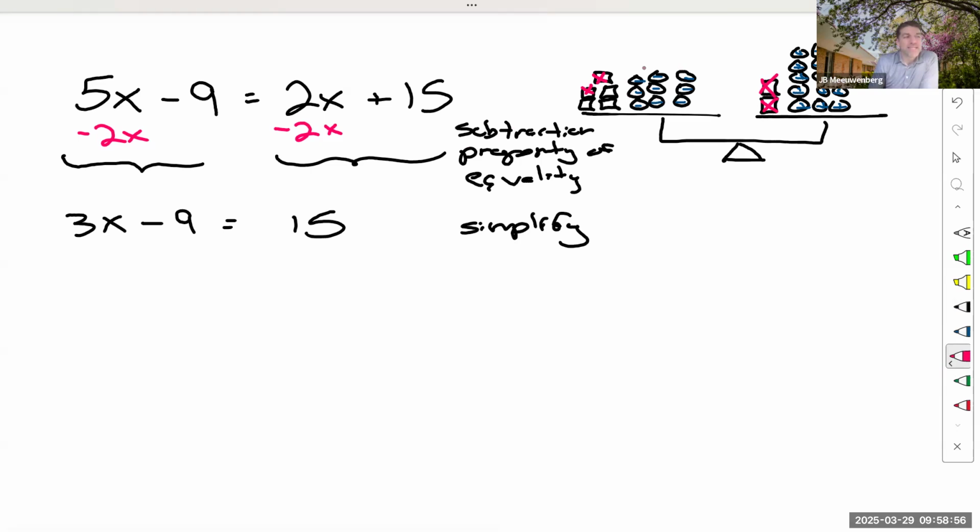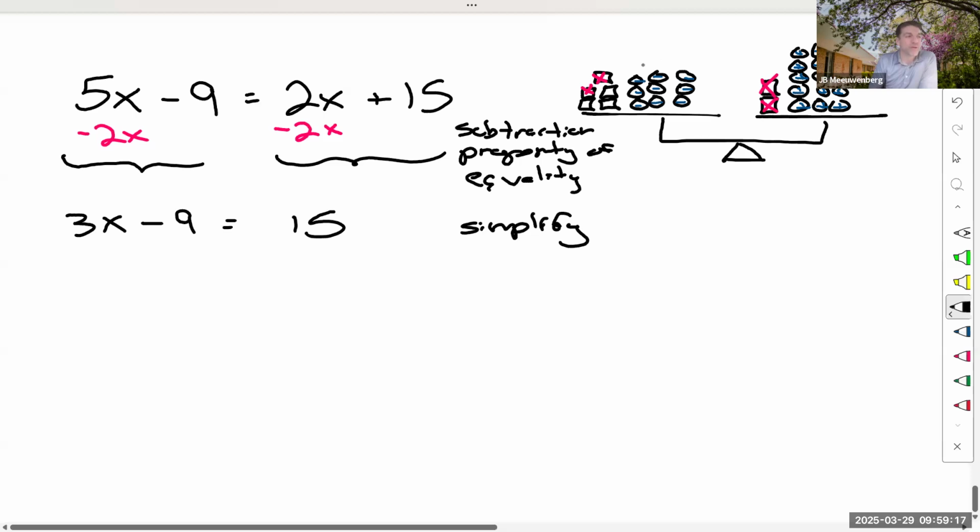The next thing we're going to do is we need to eliminate these negative circles. How do we eliminate negative circles? You got to balance them out by turning them into 0. The only way to do that, if you recall back from our red and black chips conversation with integers, is to balance them out with positives.